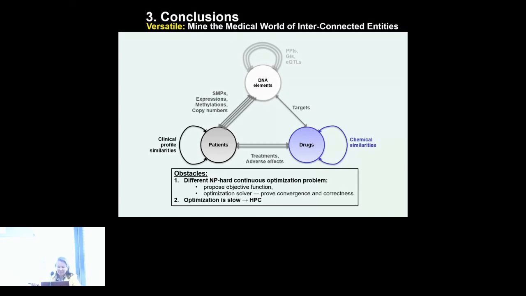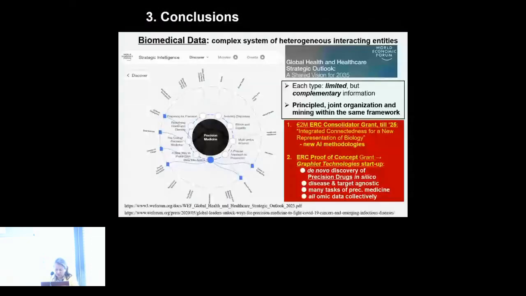So biomedical data are complex and heterogeneous. More is coming all the time. It keeps being at the top of scientific interest. We've seen the shared vision of the World Economic Forum, published in January this year, where they have as one of the main pillars big data and medicine, especially applied to neurodegenerative diseases, which we have now begun doing in my lab.